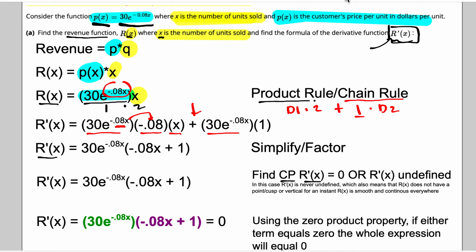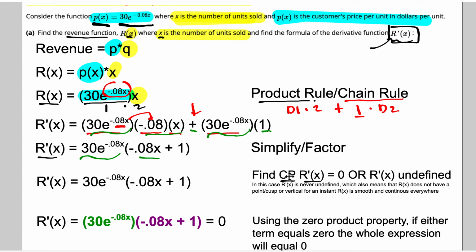And I see here that I have a 30e to the negative 0.08x, and over here 30e to the negative 0.08x. So I can factor that out. I can factor out that 30e to the negative 0.08x, and when I do that, I'm left with negative 0.08x here plus 1.